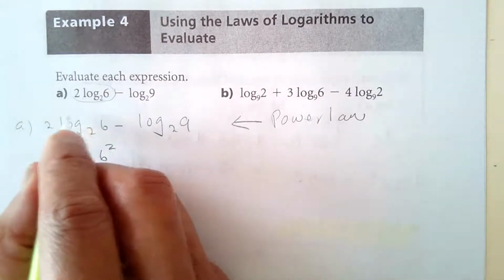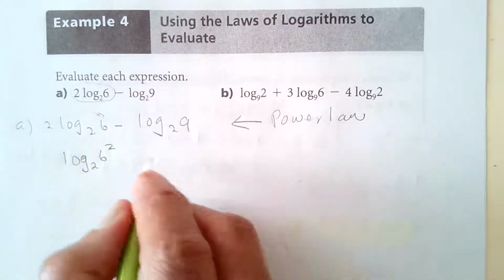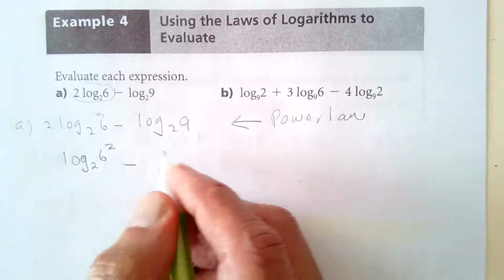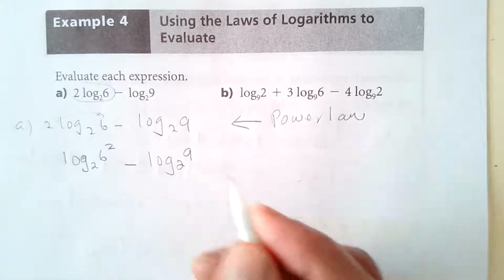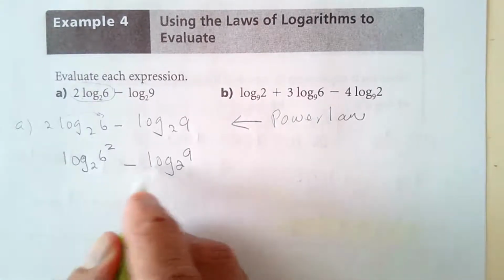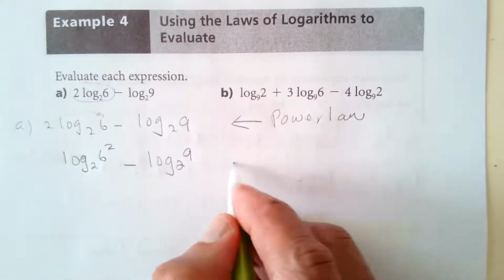I'm moving this exponent. Minus 2 log 2 to 9. Now we're subtracting. We're going to use the quotient law.